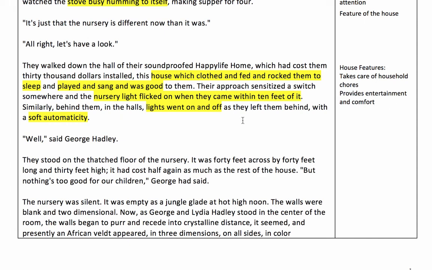More description about the house. So we already know the house is very costly. It costs half as much as the rest of the house. Very expensive place. There you have it. Earlier on they said $30,000. But, "nothing's too good for our children." So what can you infer about the parents?